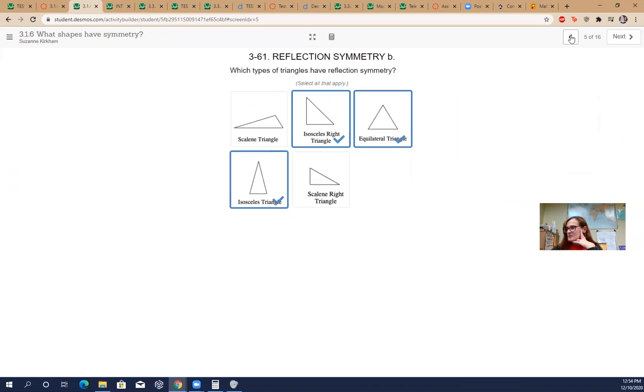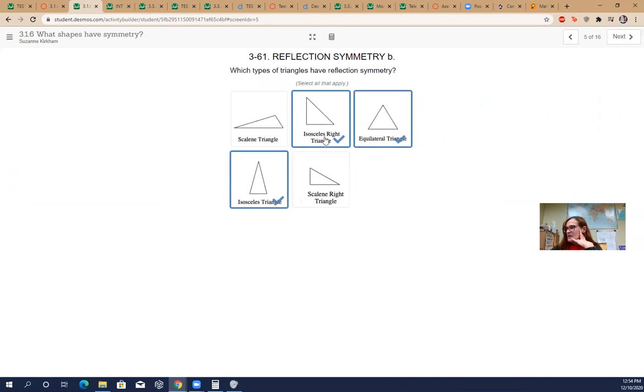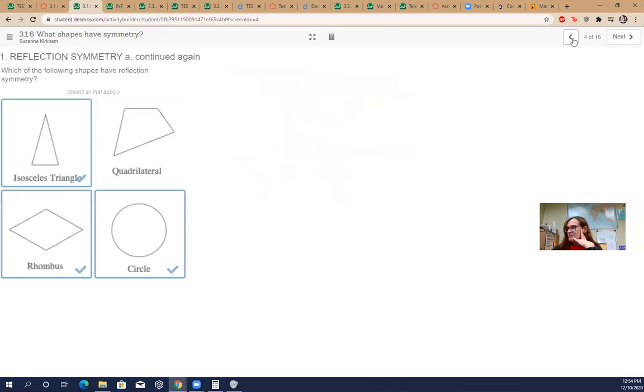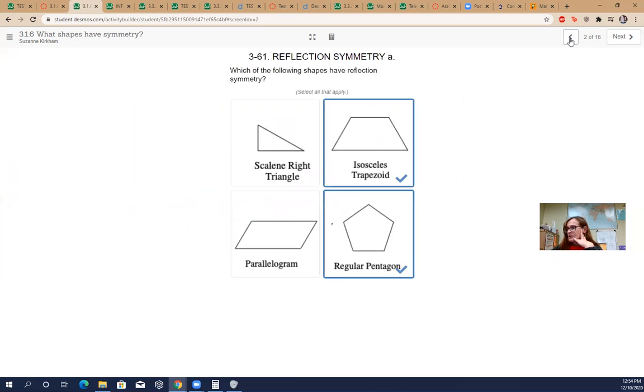Let's see, what else? Oh, and the parallelogram, you can rotate it 180 degrees and it will match up on itself. The equilateral triangle will match on itself. Rhombus, we already said. Circle, of course, but it's not a polygon. The pentagon, we could do the regular pentagon.